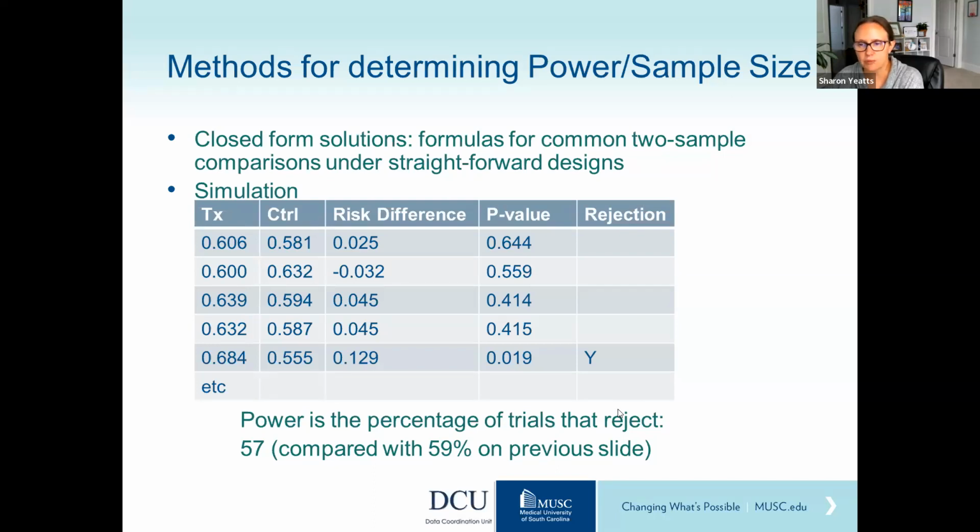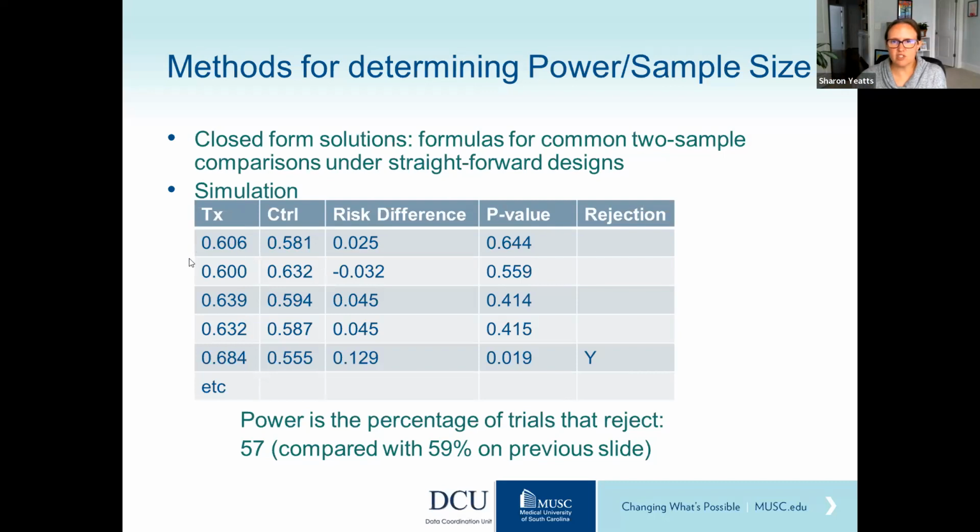Okay, you might be thinking about dose finding or some sort of adaptive design. And in those cases, simulation may be the only way to determine the power and the sample size associated with a given approach. And what I mean by simulation is that we are going to generate a hypothetical trial lots and lots and lots of times and evaluate it and see what happens.